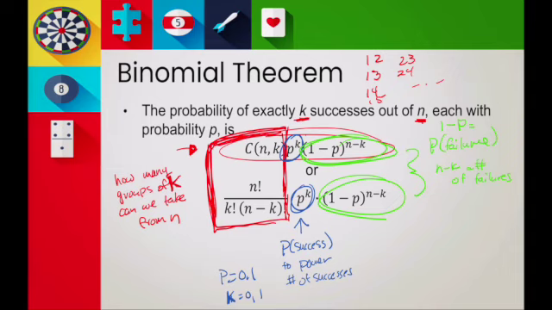So the probability of success to the power of the number of successes times the probability of failure to the power of the number of failures, right? Because if we have 2 successes, we have to have 3 failures if we've got 5, say. Times the combination of ways that we can pick 2 successes and 3 failures, or 1 success and 4 failures, etc.